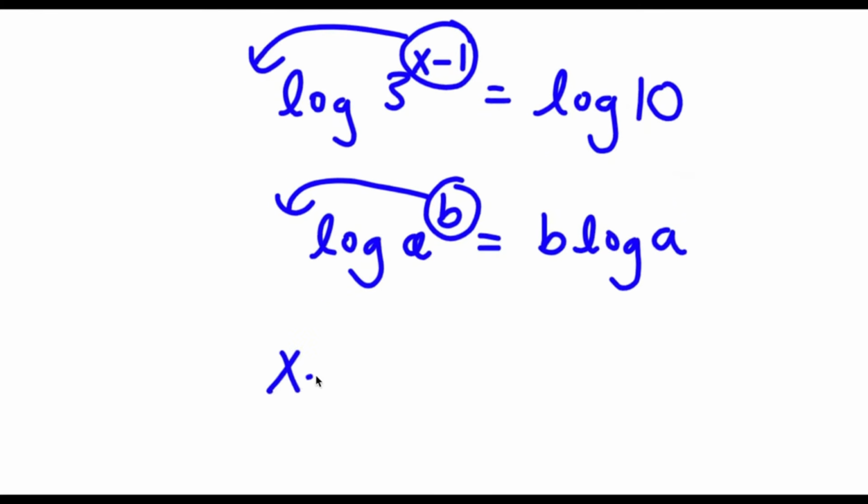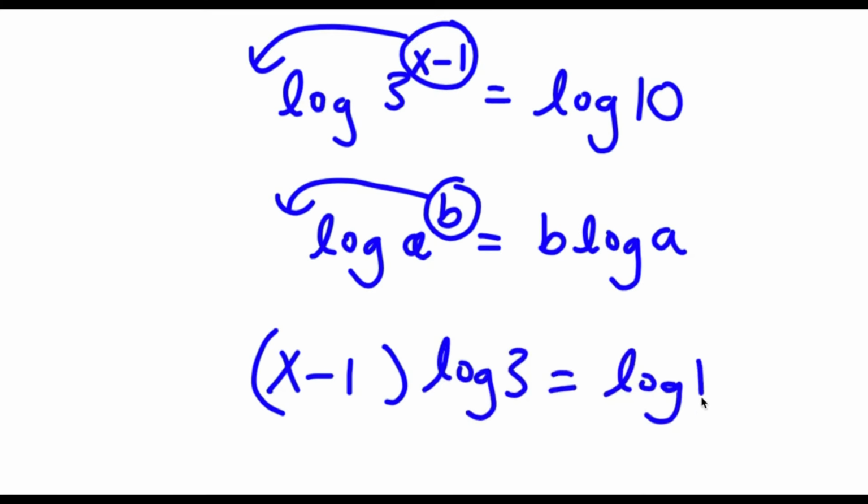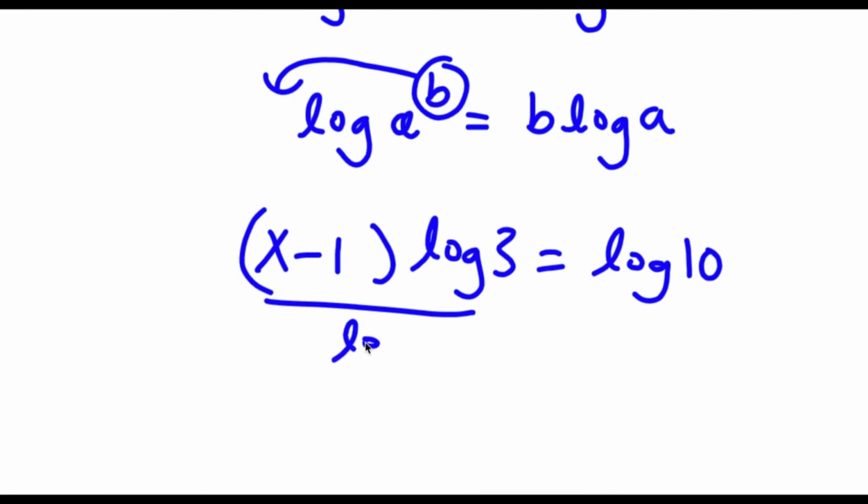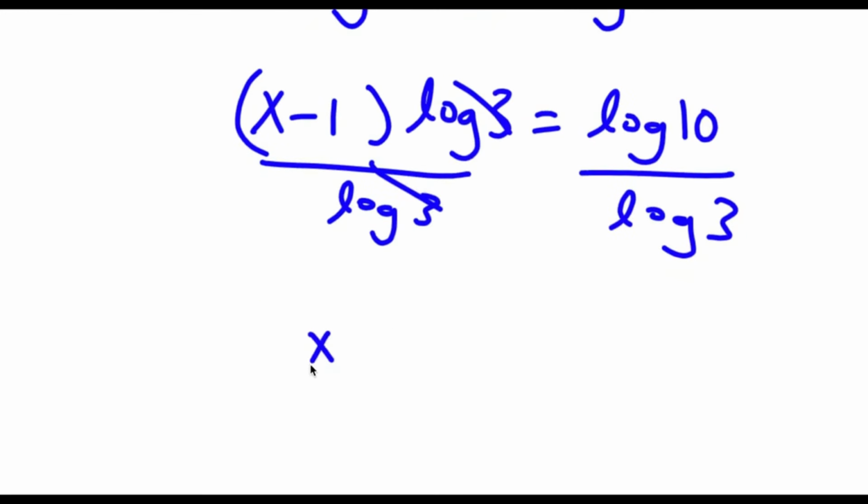So this is going to equal x minus 1 times log 3 is equal to log 10. Now, if I divide both sides by log 3, these two cancel out. Now I'm left with x minus 1 is equal to log 10 over log 3.